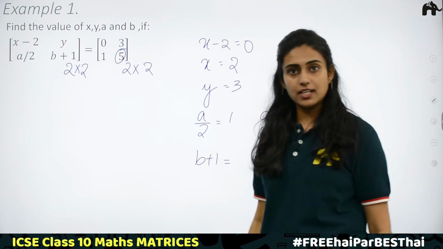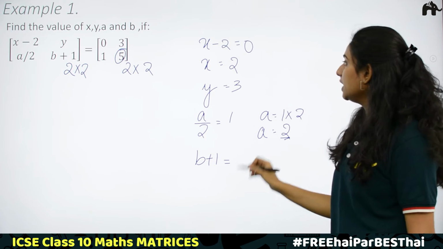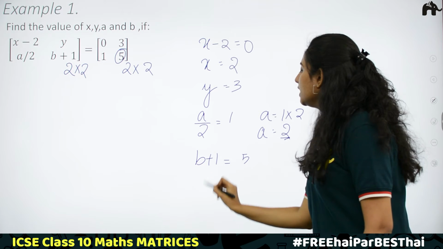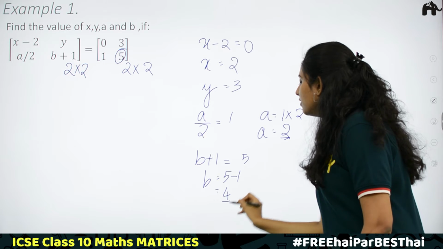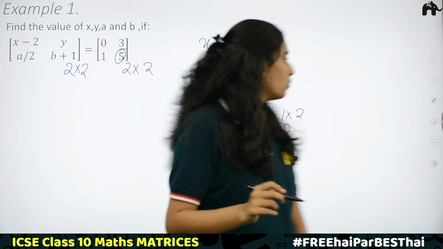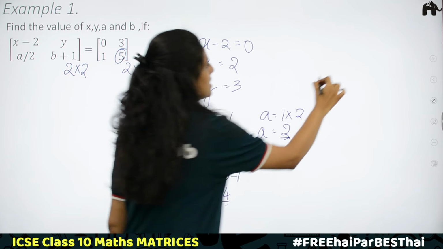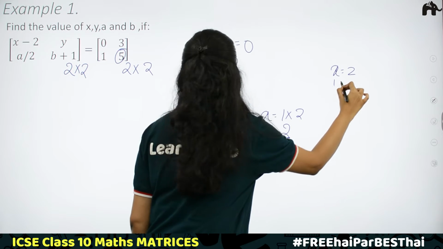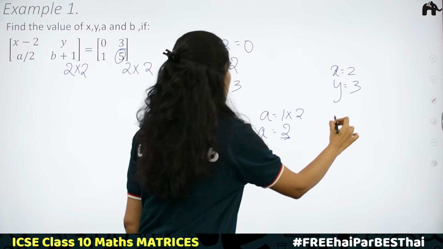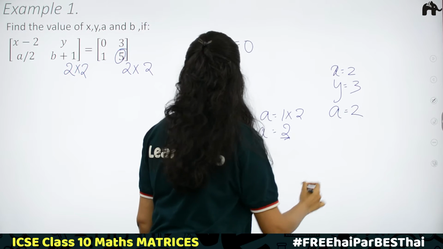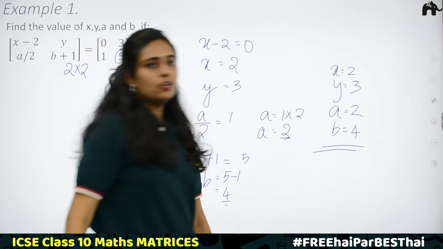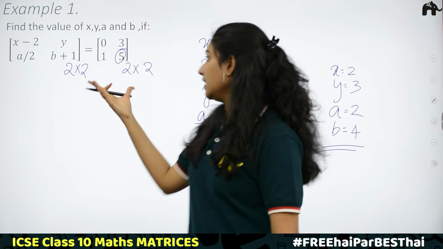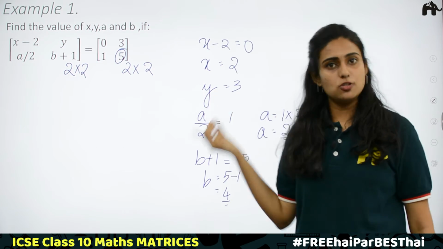These two matrices are equal. Therefore, b plus 1 is equal to 5, or b is equal to 5 minus 1, which is 4. We got the values of x, y, a and b: x is equal to 2, y is equal to 3, a is equal to 2 and b is equal to 4. Got it? If two matrices are equal, then the corresponding elements should be equal.